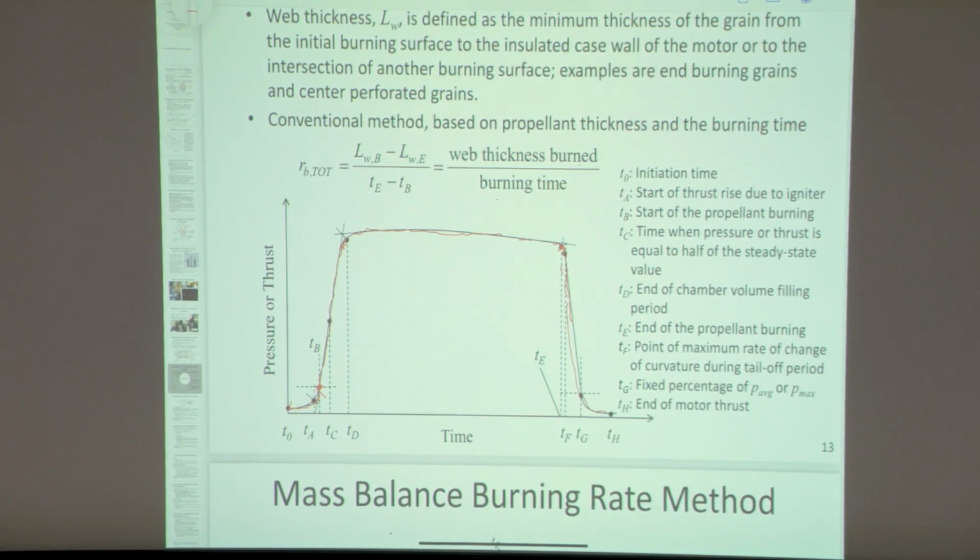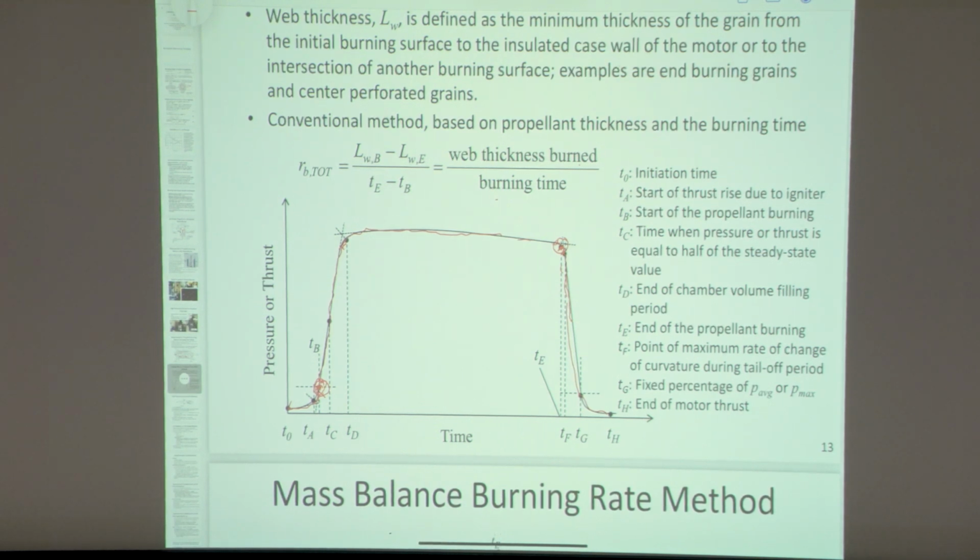And so now how do I define the time of the burning of the grain? People have used different criteria, but in this particular case, I'm using this definition here, being TB when basically the grain has started to burn, and TE here when the grain ends to burn, okay?